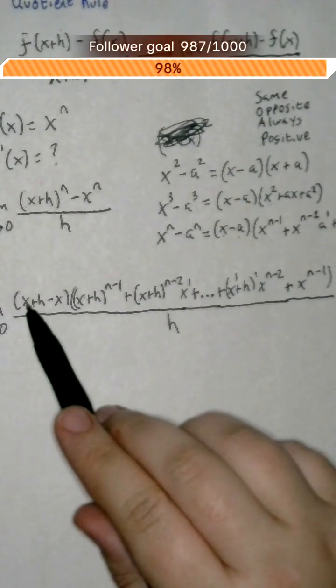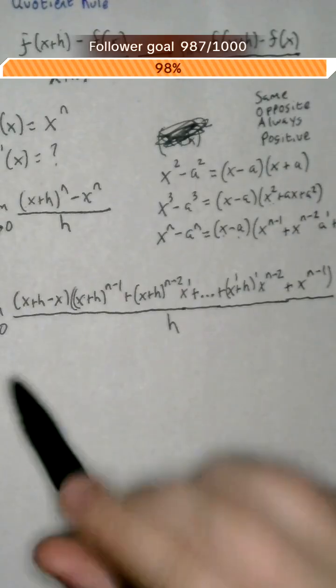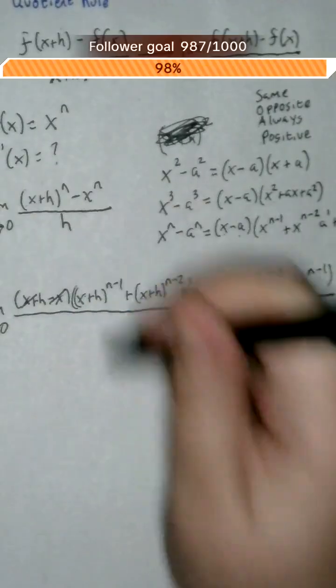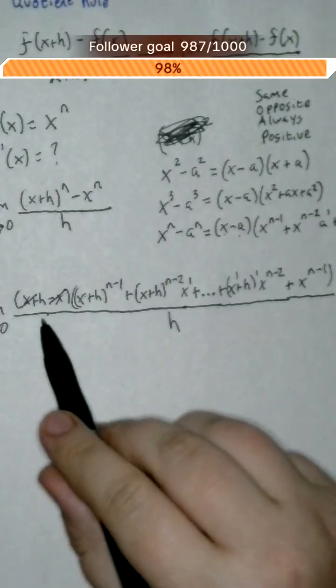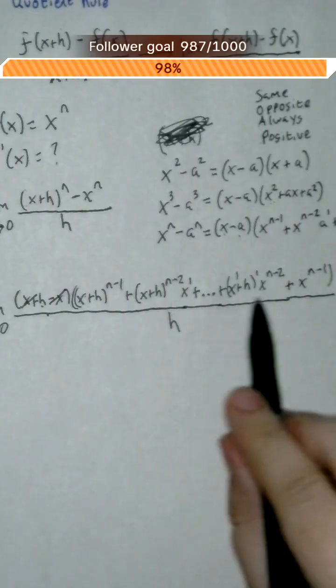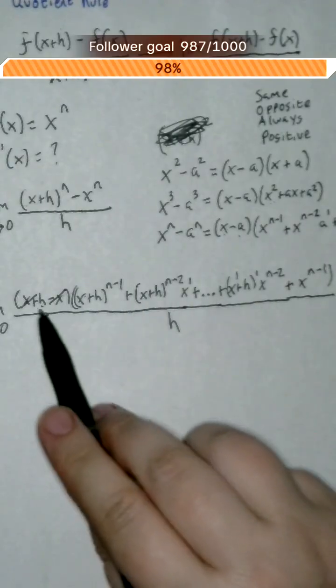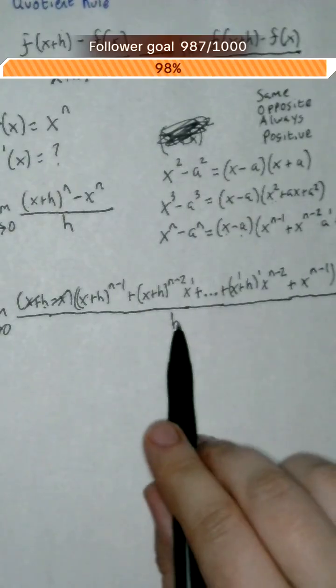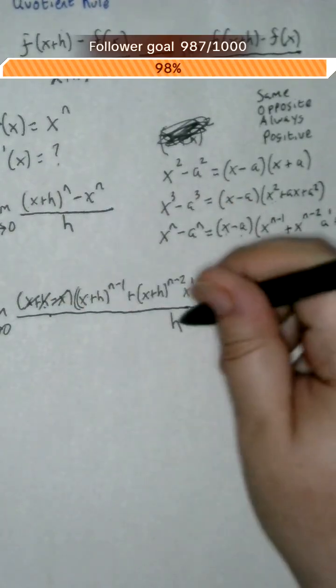So from here, what do I see? I have x minus x, so we can say bye bye to those. And also, look, I have h times all of this. So h times all of that divided by h, we can also say bye bye to those.